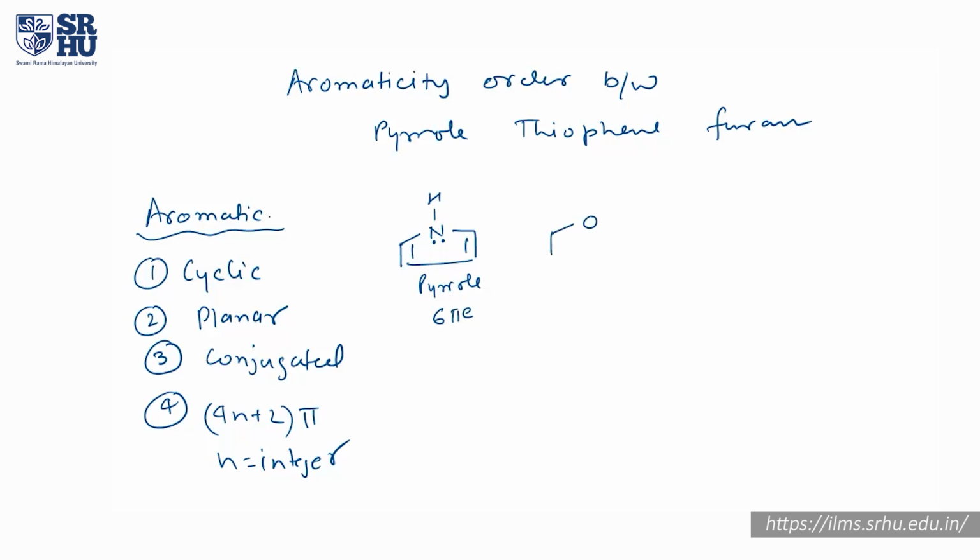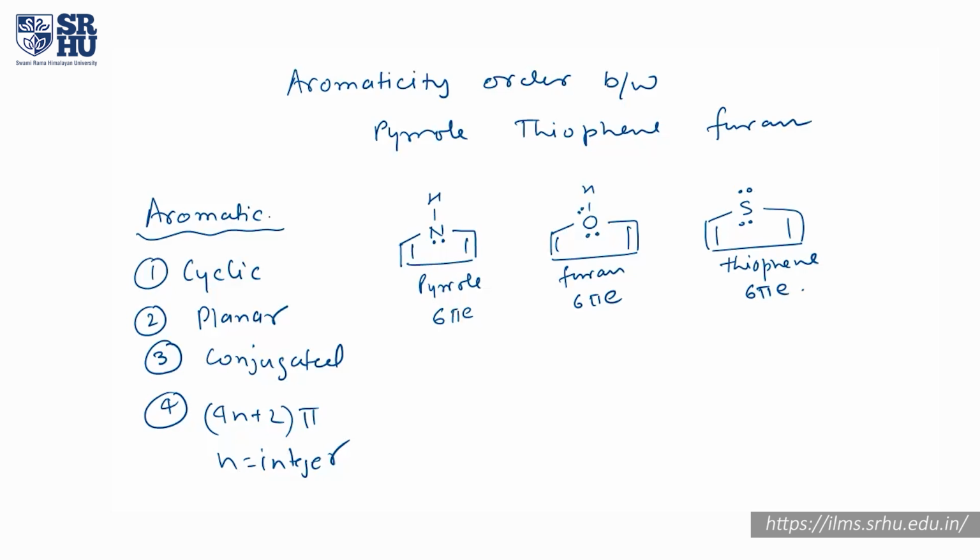In furan also, 6 pi electrons are in the conjugated system, and it's also aromatic. The same happens with sulfur in thiophene, which also has 6 pi electrons.